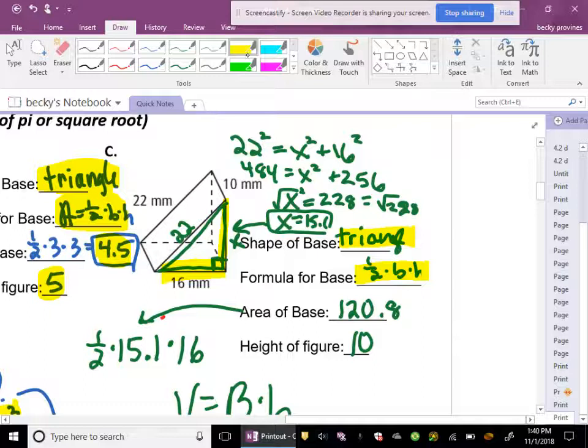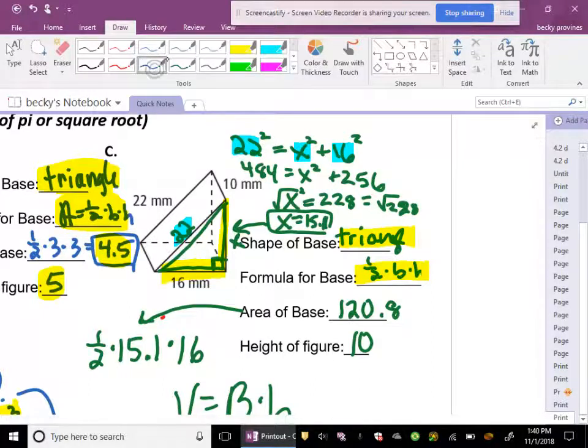My hypotenuse is 22. So I'm going to square the 22. I'm going to take the x and the 16 and also square those. And I'm going to go ahead and solve for x. And when I do, I get 15.1. I know it's kind of hard to read. 15.1.